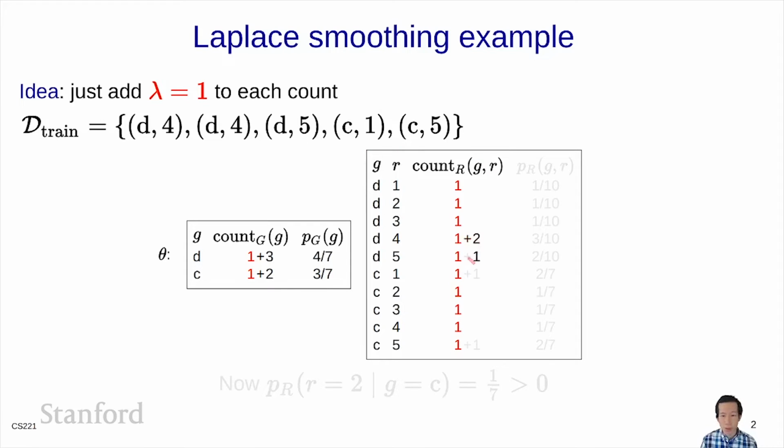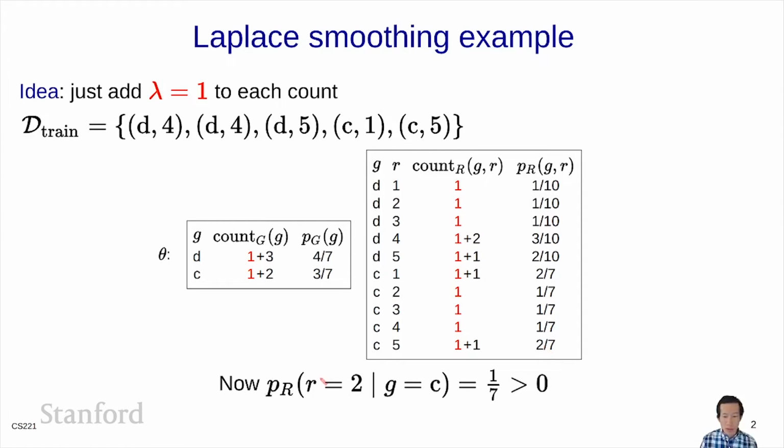There's 2 D4s, 1 D5, 1 C1, and 1 C5. Now, given these counts, I'm going to normalize to get my probability estimate. Look at all of the D rows, count them up, normalize. I get some quantities here. And look at all of the rows where G is C, sum and normalize.